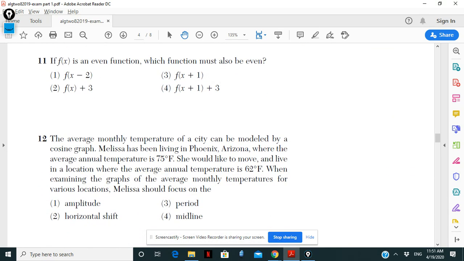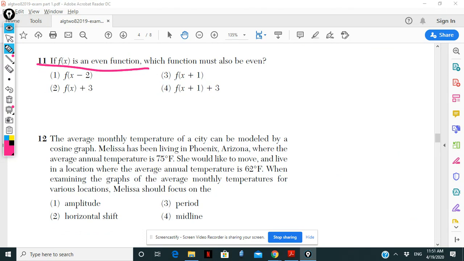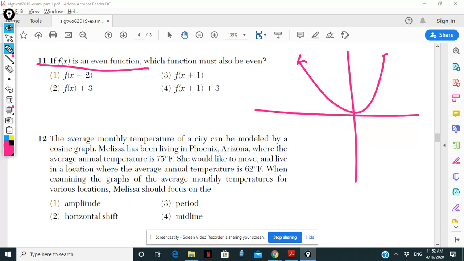Question number 11. Now, if f(x) is an even function, even function means it has a symmetry around the x-axis, the y-axis. So I have a symmetry around the y-axis. He's asking me what type of transformation is going to keep this symmetry.